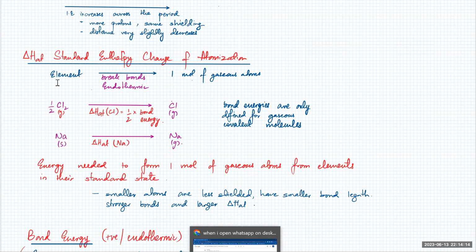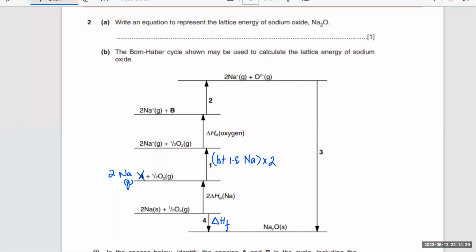And the element has to be in its standard state. So if I go back, this is enthalpy change of atomization of oxygen. So I'm going to get 1 mole of oxygen gaseous atoms over here.